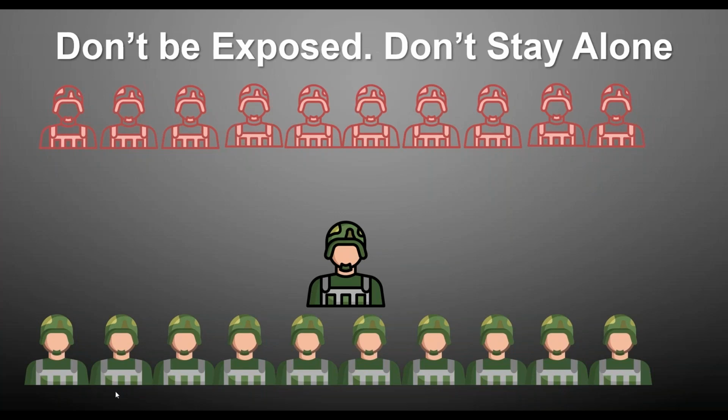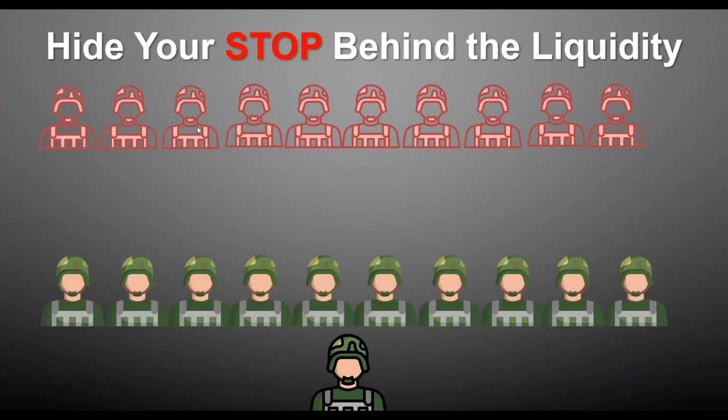Now, instead of this, I want you to do the exact opposite. Hide your stop behind the liquidity. That means see the highest liquidity zones, the highest buying interest, where the buyers are, and hide your stop behind them. Why? When the sellers are coming down, trying to push the market, buyers are ready to step in at a price point. If you hide your stop behind that buying interest, there's a better chance.